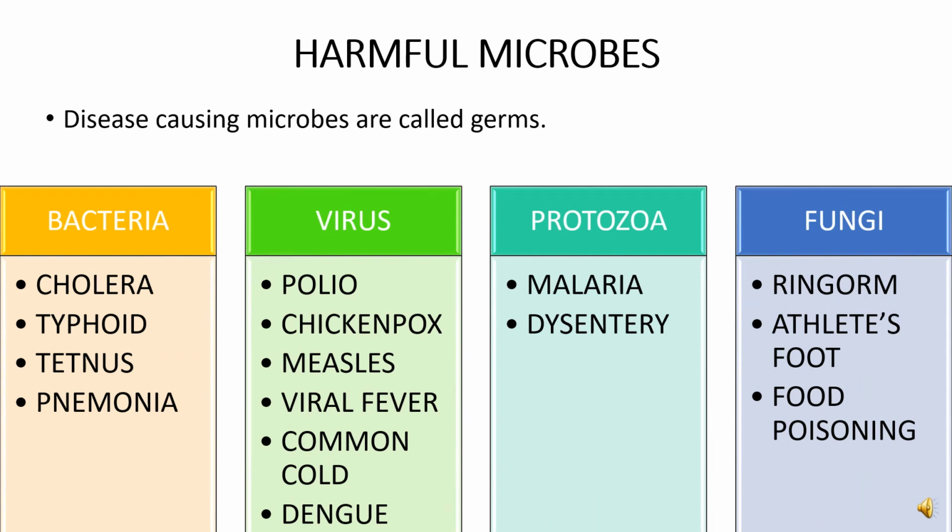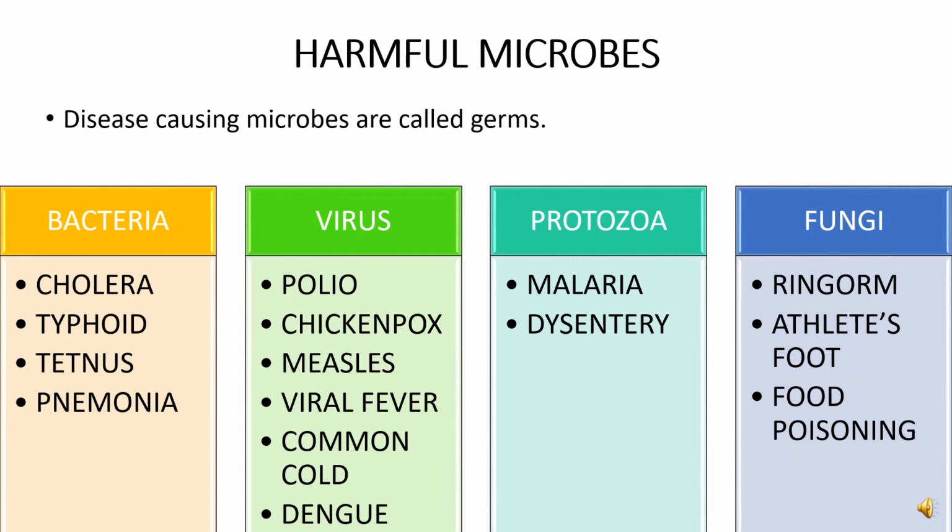Now we have studied the four types of microbes, that is bacteria, virus, protozoa and fungi. If bacteria are present in our body, it does not mean that they are only useful to us. No, they can make our body prone to diseases.